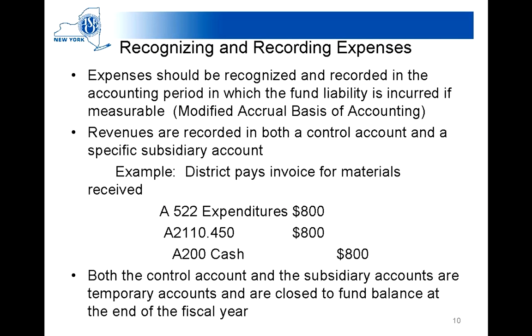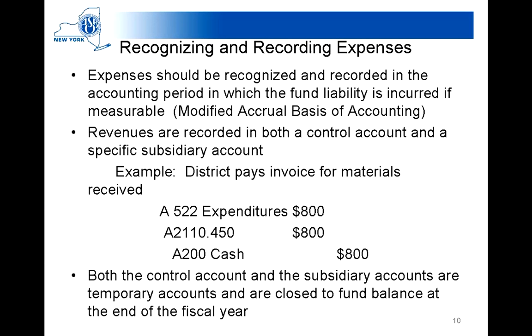Now, just want to reiterate for a second that for the same entries, you'll see the prefix A in our example, that's typically the general fund. C is the food service fund. F is the special aid fund. We use new numbers around here, 1, 2, 3, 4, 5, 6, 7, as the differentiation between funds. In different manuals from the state, you'll see those as A, B, C, D, E, and so on.